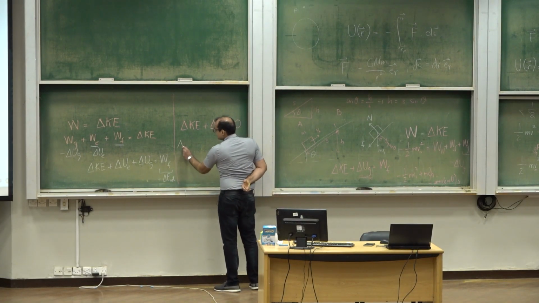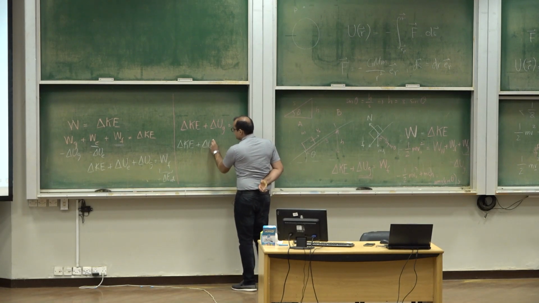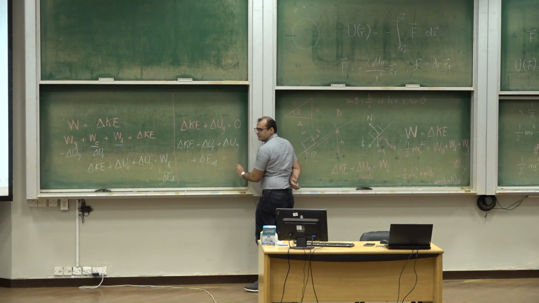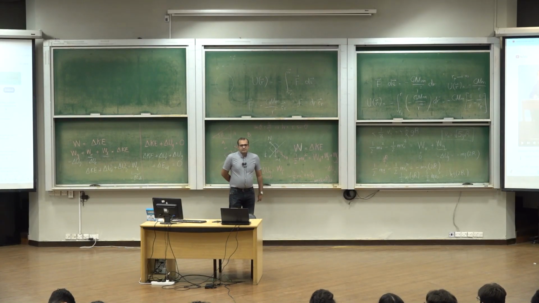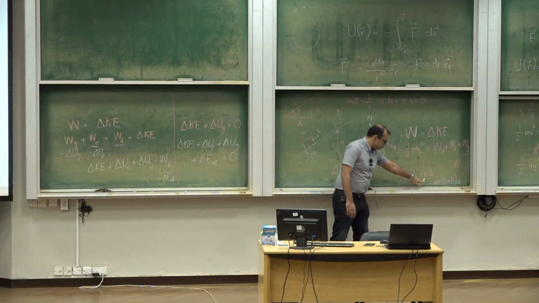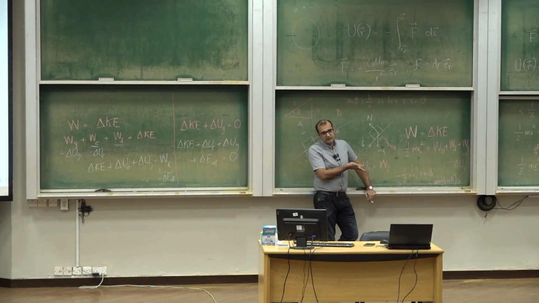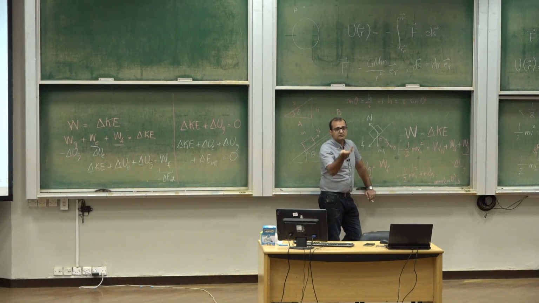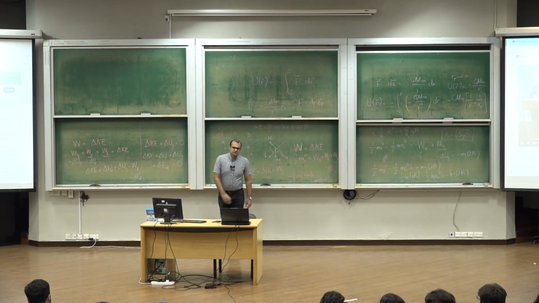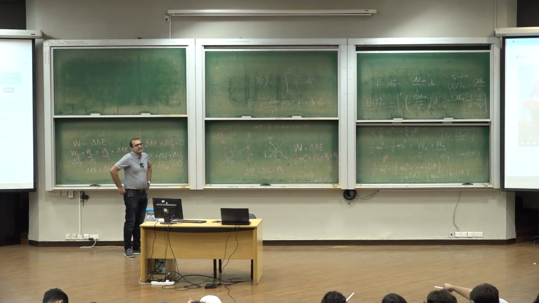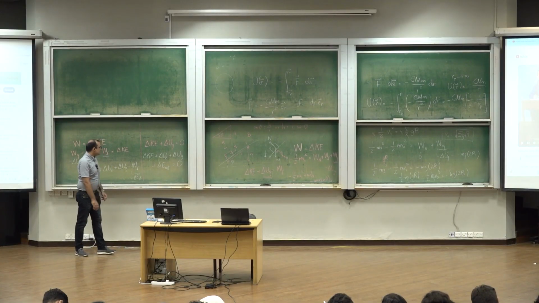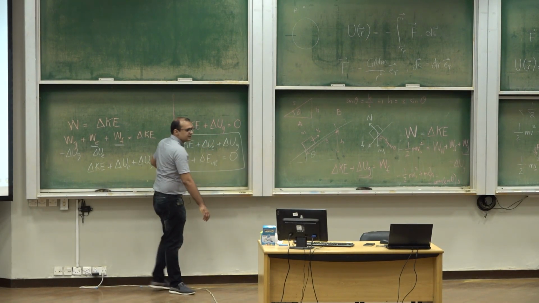And therefore, you can write that the change in kinetic energy plus the change in elastic potential energy plus the change in the gravitational potential energy plus the change in the internal energy equals zero. Because this block was going up, the work done by friction was negative, and that leads to an increase in internal energy. That is, the change in internal energy is positive when the work done by friction is negative, therefore I put the minus. Now in magnitude, okay.